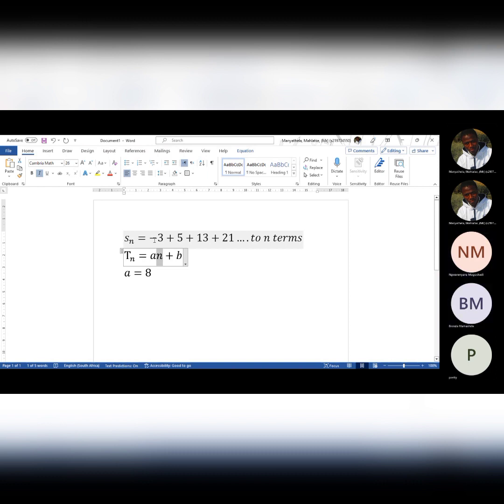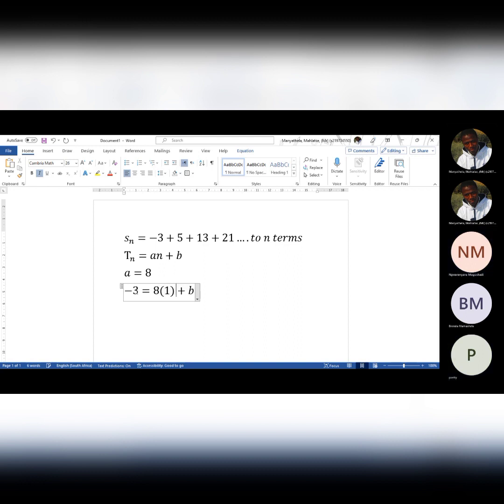Then A will be equal to your common difference, meaning N is the position of Tn. So Tn currently gives us the first term, -3, at position 1. The difference is 8 again.